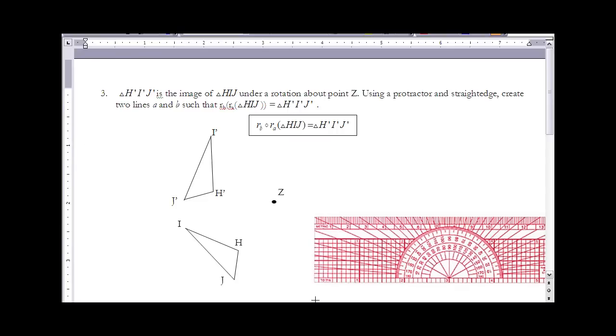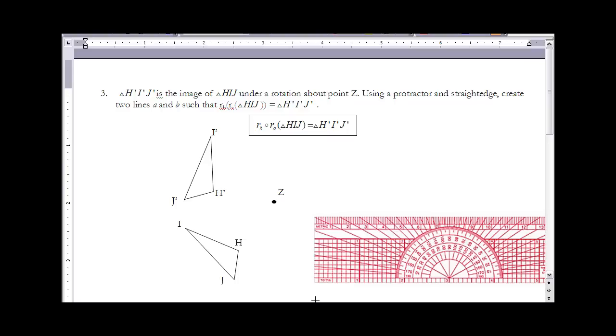Okay, let's take a look at example 3 then. It says triangle H prime, I prime, J prime is the image of triangle HIJ under a rotation about point Z. Using a protractor and a straight edge, create two lines, A and B, such that the reflection over B of the reflection over A of triangle HIJ is H prime, I prime, J prime.